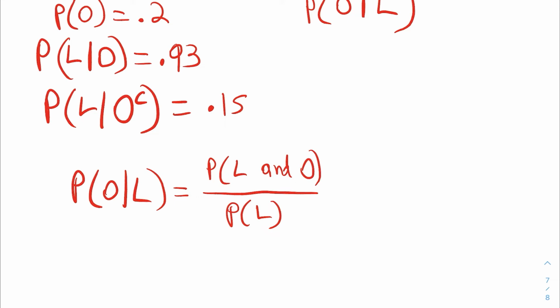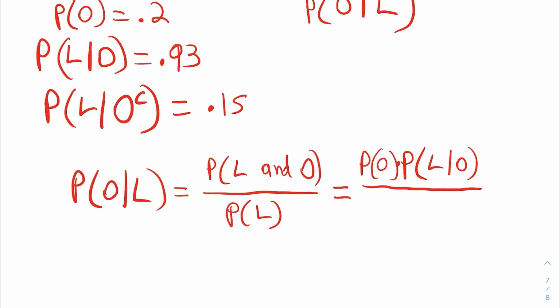For instance, the probability of luggage and on time, the numerator, can be written as the probability of luggage given on time times the probability of on time, because that's the definition of the probability of L and O. It's the probability of O times the probability of L happening given O has already happened.